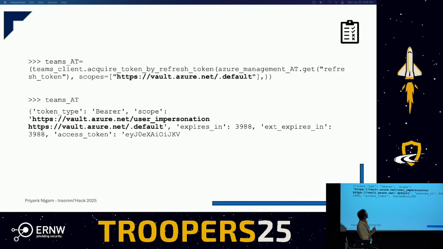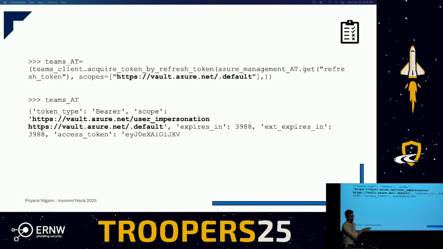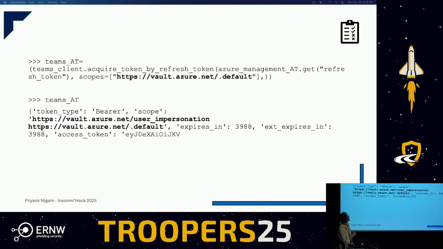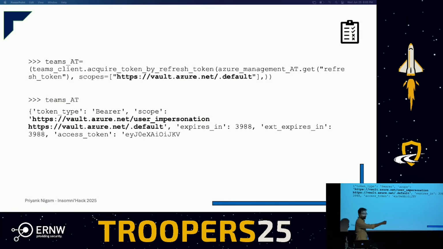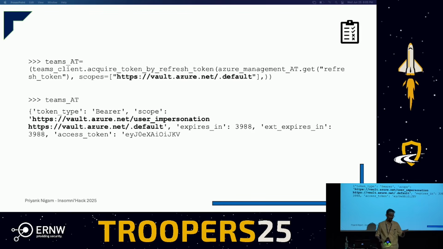What we found is that it gets more interesting. You could actually jump from consumer apps to enterprise apps in Azure. For example, we went from Teams to getting a scope for Azure Key Vault. That's pretty crazy, right? Because now you went into all the enterprise resources hosted in Azure, and that's what the real attacker is there for.